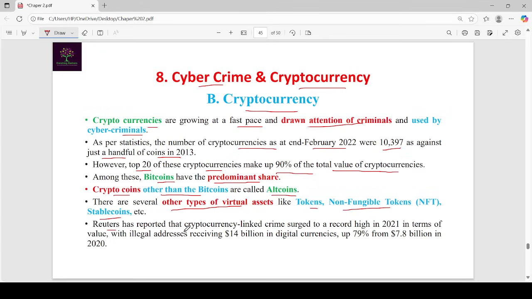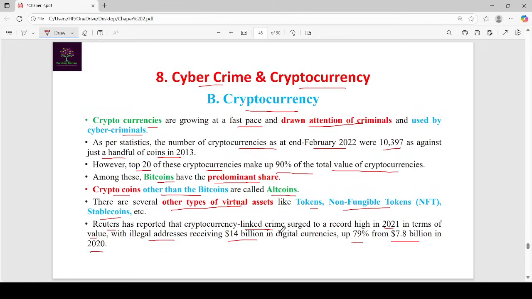Reuters has reported that cryptocurrency linked crime surged to a record high in 2021 in terms of value, with illegal addresses receiving $14 billion in digital currencies, up 79% from $7.8 billion in 2020. So cryptocurrency linked crimes surged from $7.8 billion to $14 billion in a one year span.